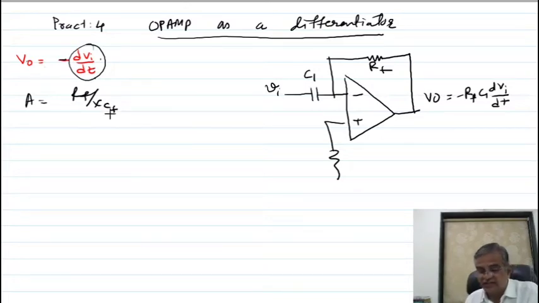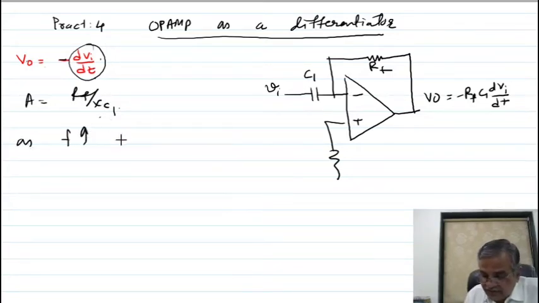As frequency increases, the reactance decreases. As a result, I should write actually 1 by XC1. So as frequency increases, the reactance decreases, the gain increases. So as frequency increases, gain increases.